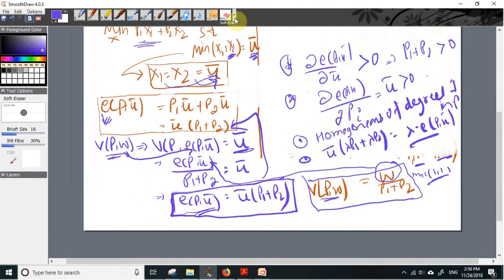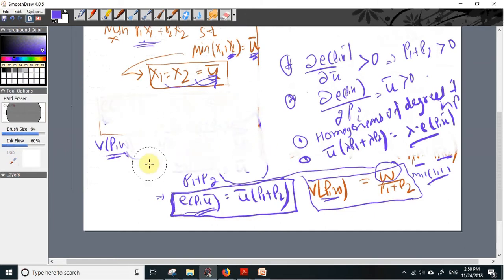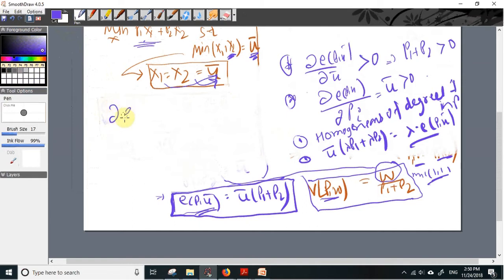And finally this expenditure function also follows Shephard's lemma. Shephard's lemma says that the derivative of e(p, u bar) with respect to p1 is the Hicksian demand function. So this gives us u bar, and this is simply the Hicksian demand function x1 of (p, u bar).